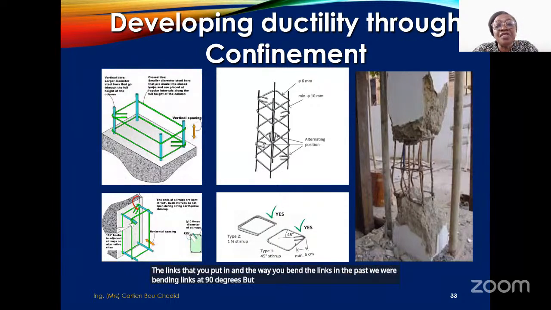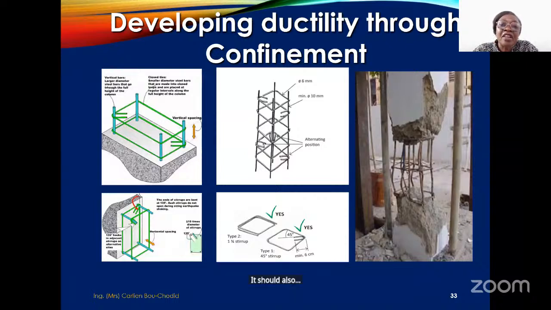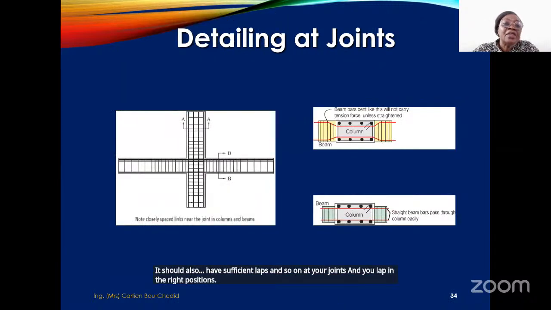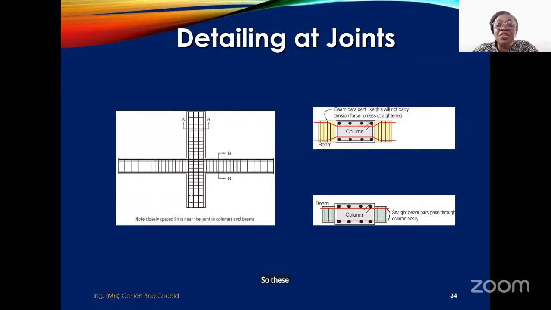It's now 45 degrees, so it's well locked into the concrete and does not come out when there's strong ground shaking. It should also have sufficient laps and so on at your joints, and you lap in the right positions. So these are all specified in your codes.